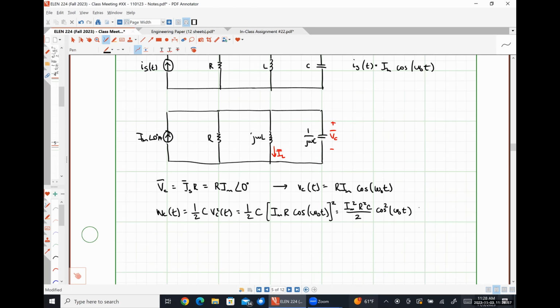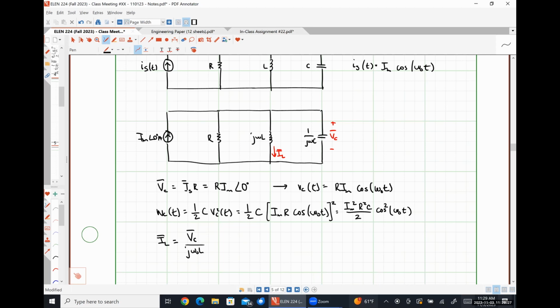To find the current flowing through our inductor, I'm just going to use Ohm's law because I know the voltage drop over everything, because everything is in parallel. So using Ohm's law, our inductor current, IL, is just going to be VC divided by j omega naught L, right?